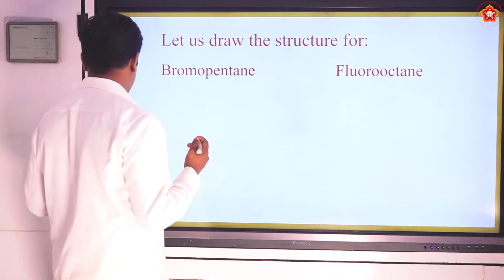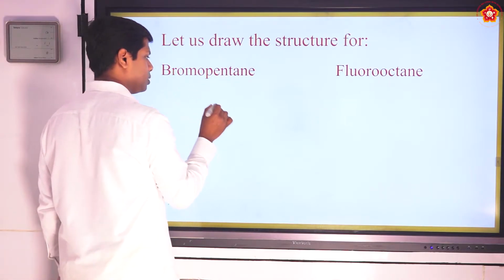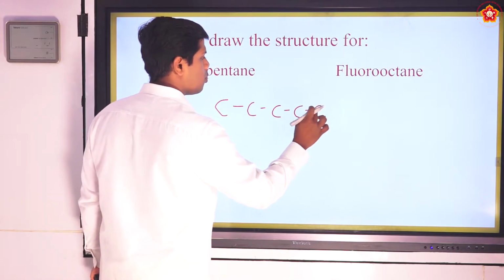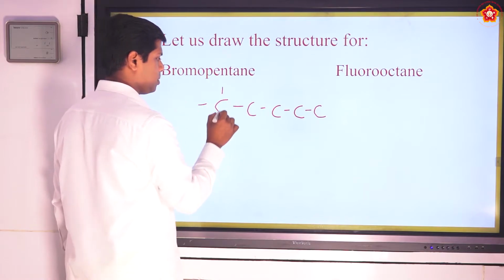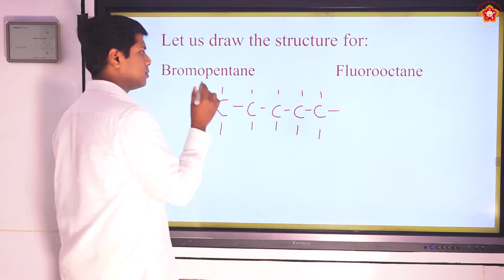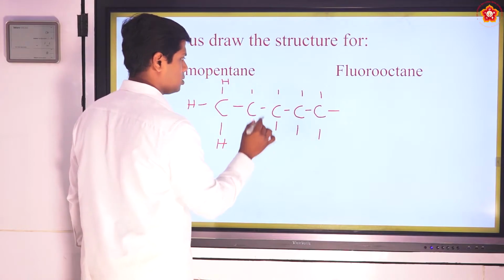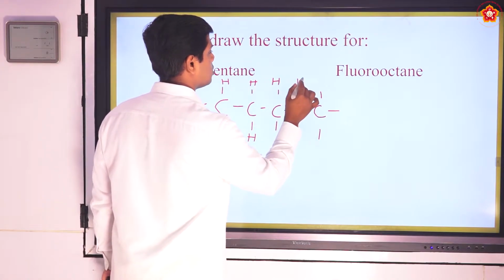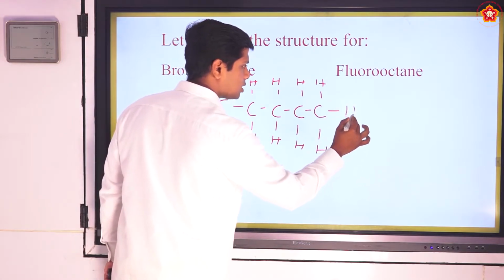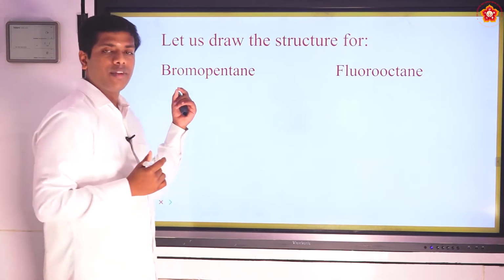Let us draw the structure for bromopentane. Very important. First, you write the structure of pentane, carbons one, two, three, four, five. Now we have written the pentane structure.